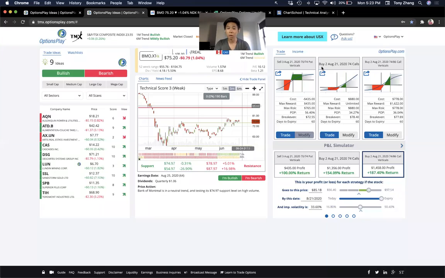But even if I was able to identify that someone bought 10,000 calls on BMO, that doesn't mean that person is necessarily bullish on BMO. How do you know that person doesn't have a stock position that he's offsetting using options, or maybe he has a futures position that he's offsetting? You never know what the true rationale behind someone's trade is.